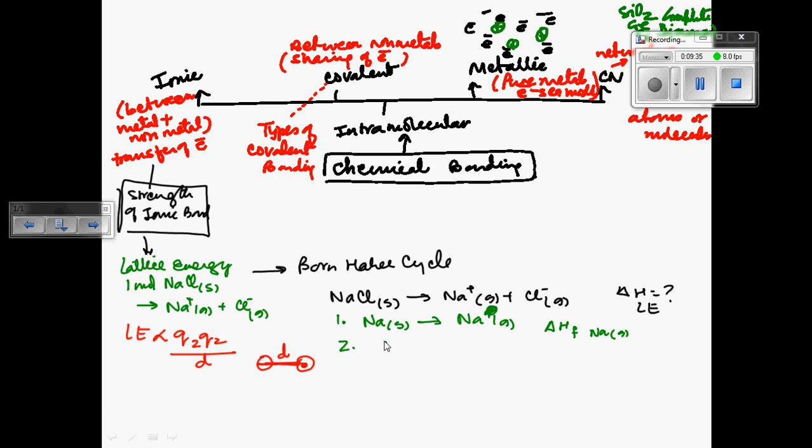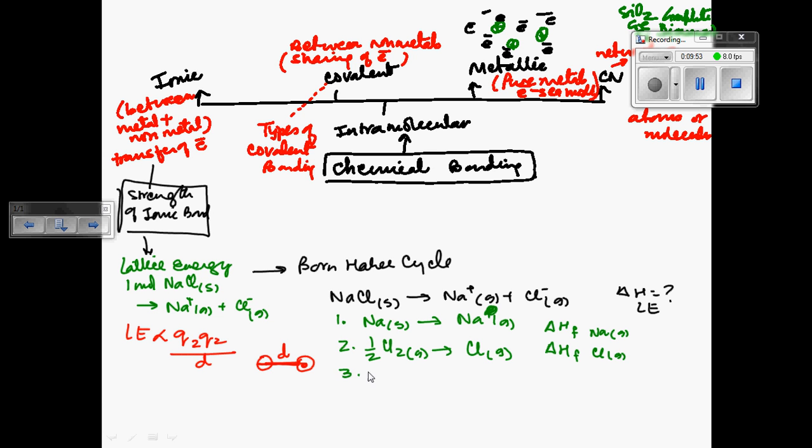Similarly, you'll have to take a chlorine molecule which is in gaseous state and break it up. So take half a chlorine molecule and break it into gaseous chlorine atom, and we'll call it delta HF of chlorine gas.